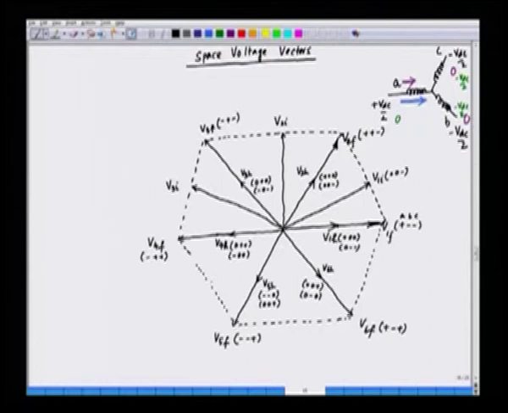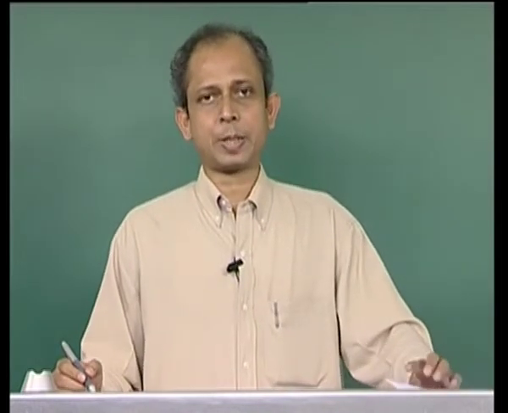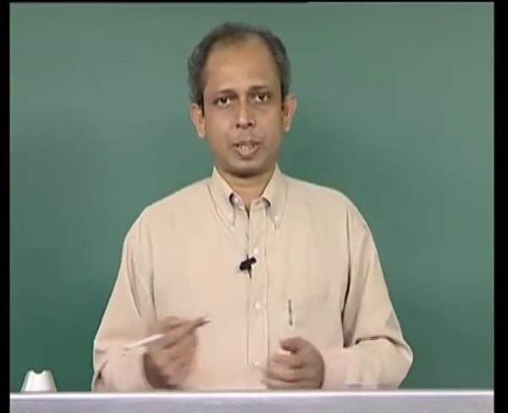We have one intermediate voltage vector here, that is V4I, and this is V5I, and we have again another voltage vector here, that is V6I. So, we have the intermediate voltage vectors as well. So, we have 6 intermediate voltage vectors, and they are basically in between two full voltage vectors.